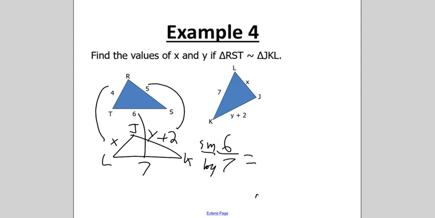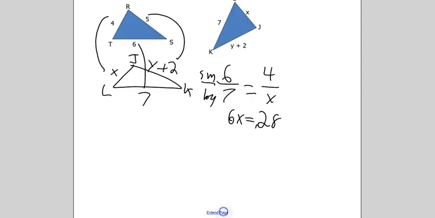So my x is on my large, the big one. It corresponds to 4. So I get 6x equals 7 times 4, which is 28. So I do 28 divided by 6, and I get x equals 4.6 repeating. Again, 4 2/3.